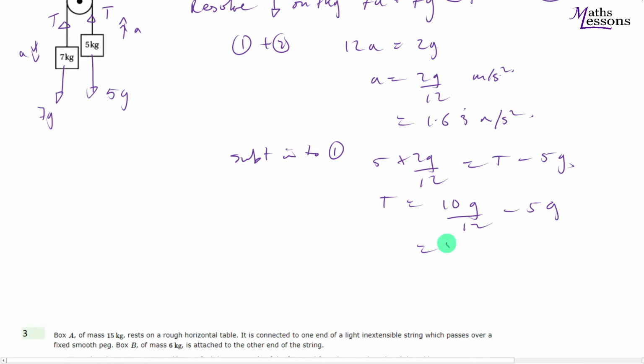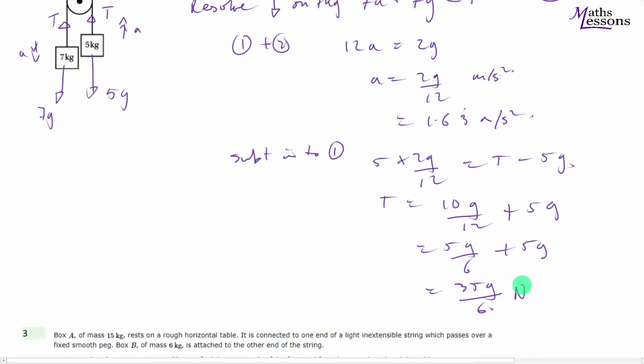Which gives us 5g over 6, and then we take the 5g to the other side, so I need to add. So these both go over 6: that will give me 30g over 6 plus 5g over 6, which gives me 35g over 6 as my answer.